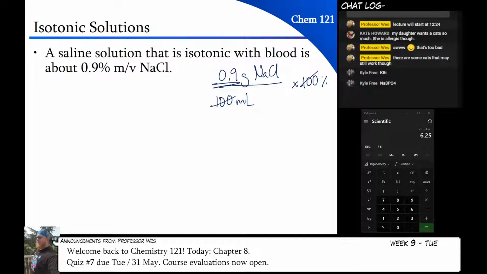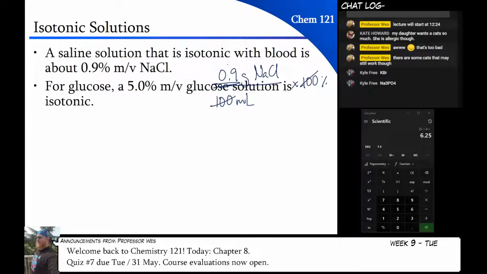Now, this is for dehydration. If you have malnutrition, for example, if somebody is lost in the wilderness and they have not eaten for days, you can't just give them saline solution. That'll rehydrate them, but they need sustenance. If you need a glucose solution to do the same thing, we can calculate that out, and this is the percentage you get. For glucose, it's 5% mass volume, because glucose is a bigger molecule.